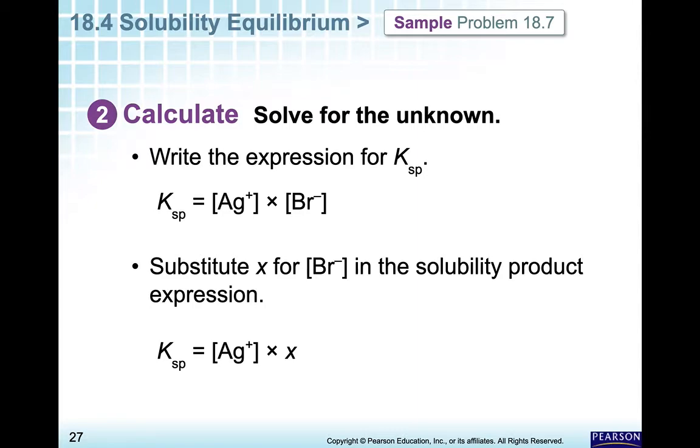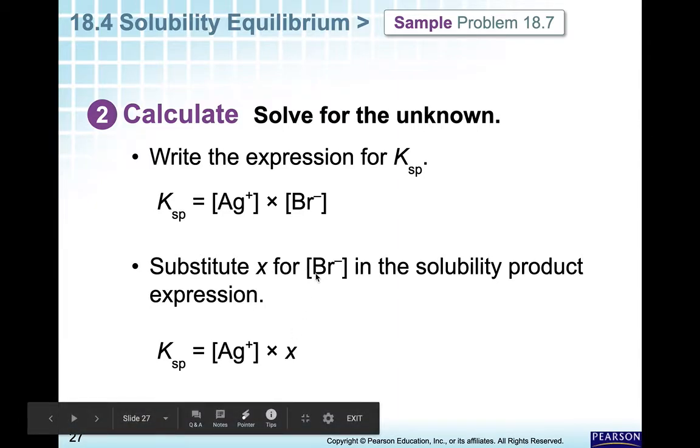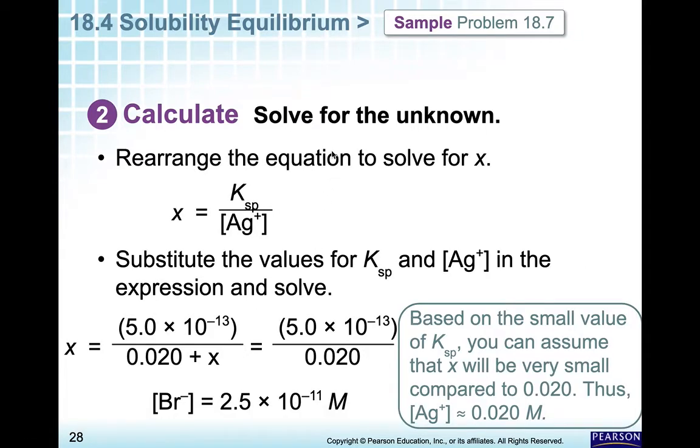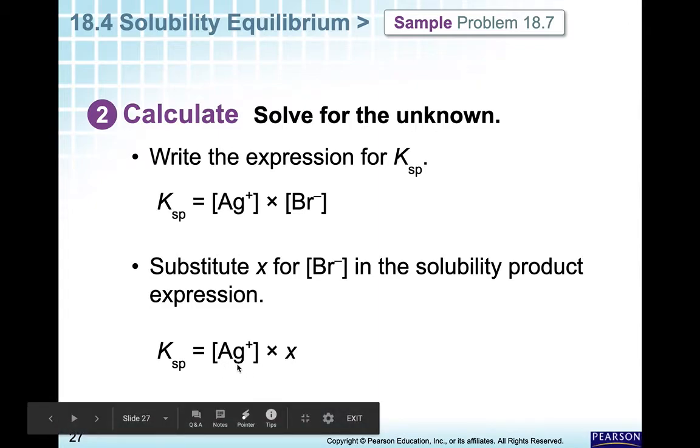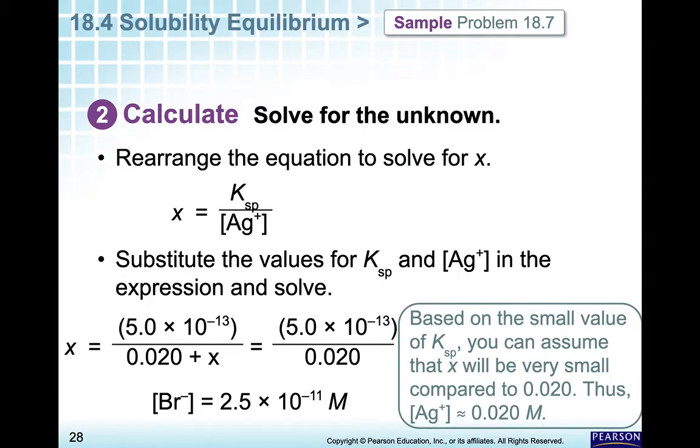Now we need to write our equilibrium expression for the solubility product constant based off of our equation. That's the concentration of each of our products. We can substitute X for bromide. We're just going to let the concentration of the bromide ion be X. We'll solve this equation for X. To get X by itself, we just divide both sides by the silver ion concentration.